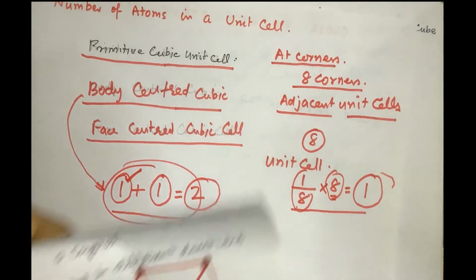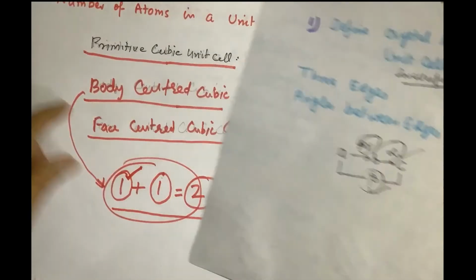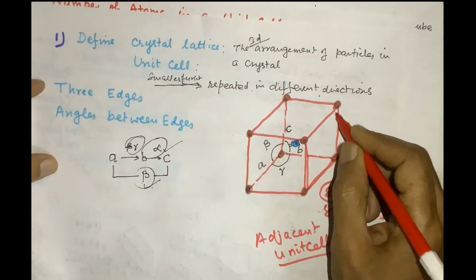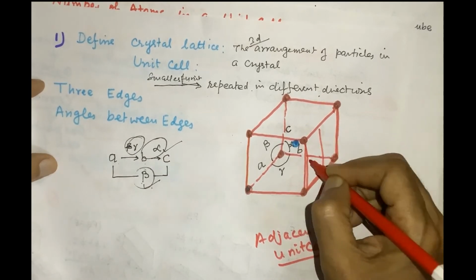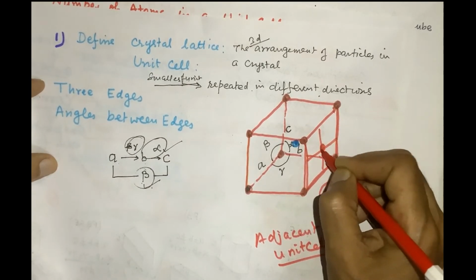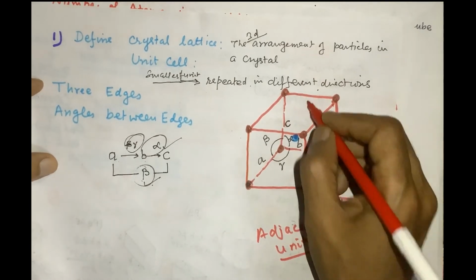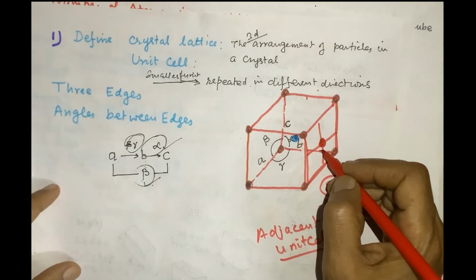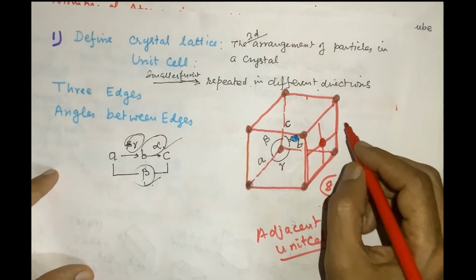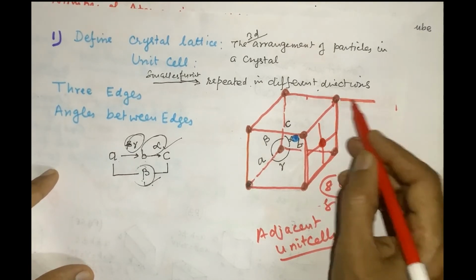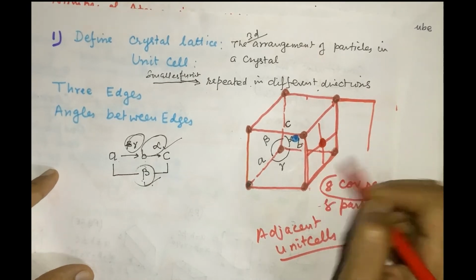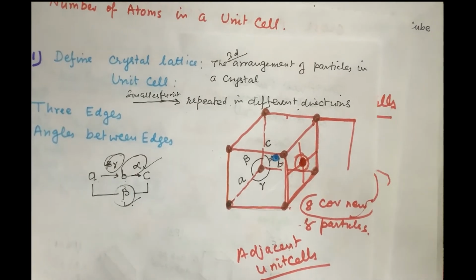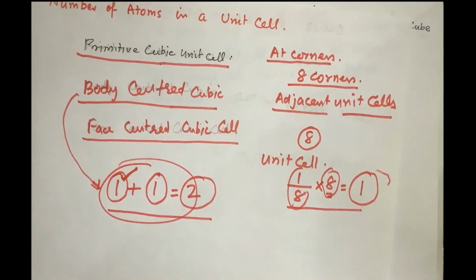See, face centered cubic cell. Each face has one constituent particle. But this particle is shared by one more adjacent unit cell, and this face centered particle is shared by 2 unit cells.